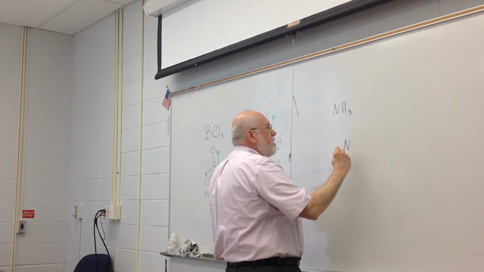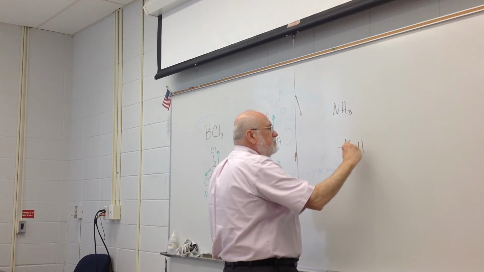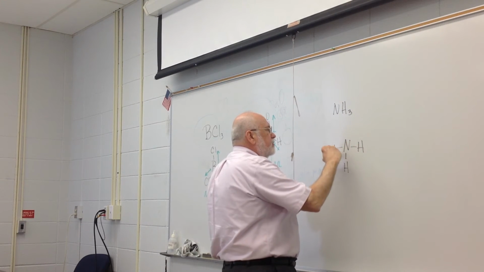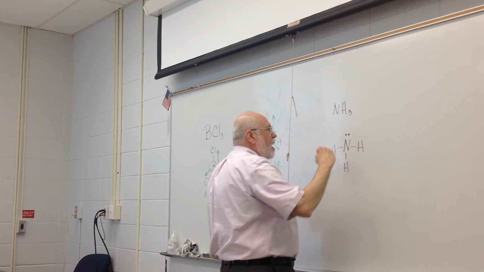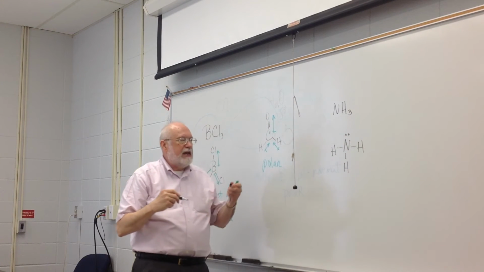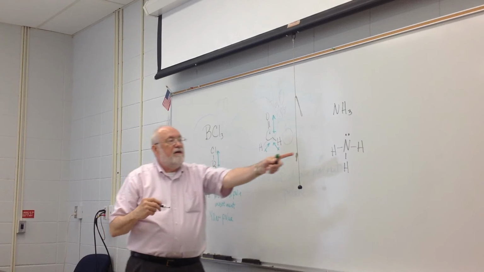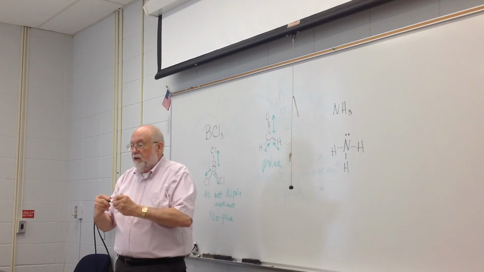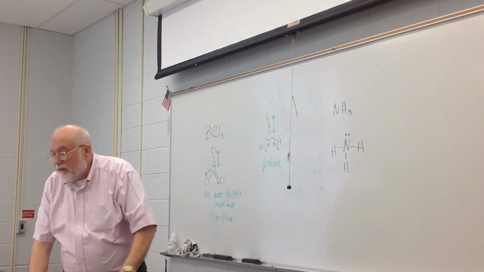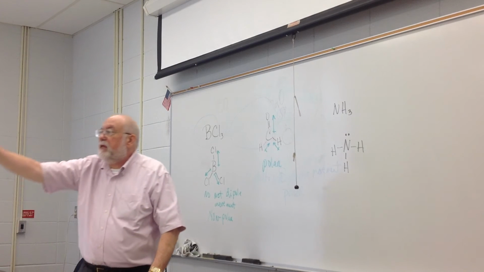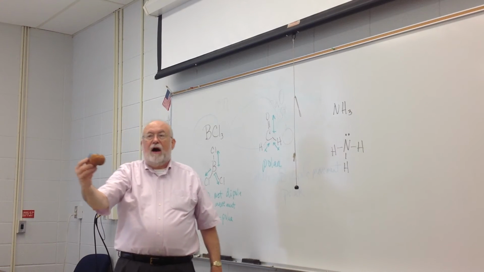And with that one, remember, we have the nitrogen in the center, but what is the big difference here between it and these? You have an unshared pair of electrons on the central atom. So, to pull that one out, here is the ammonia molecule.